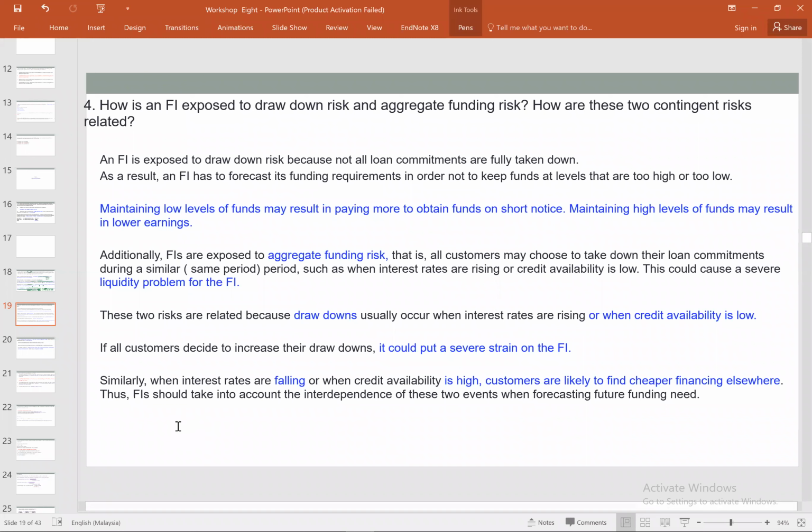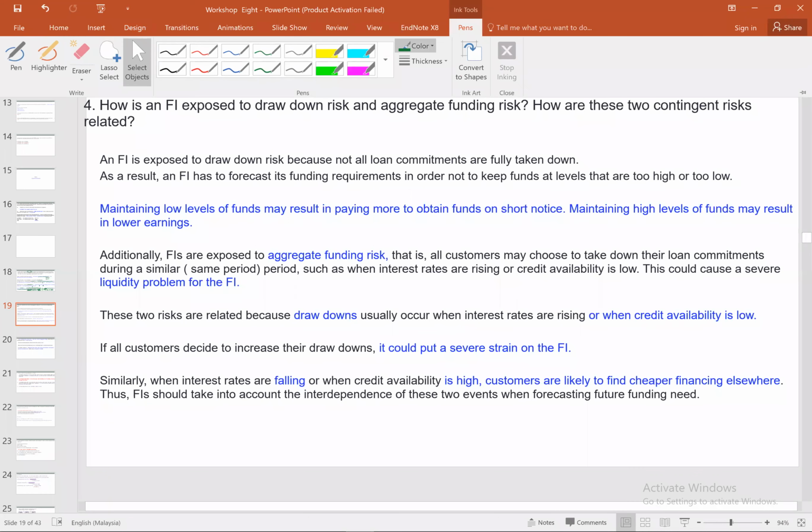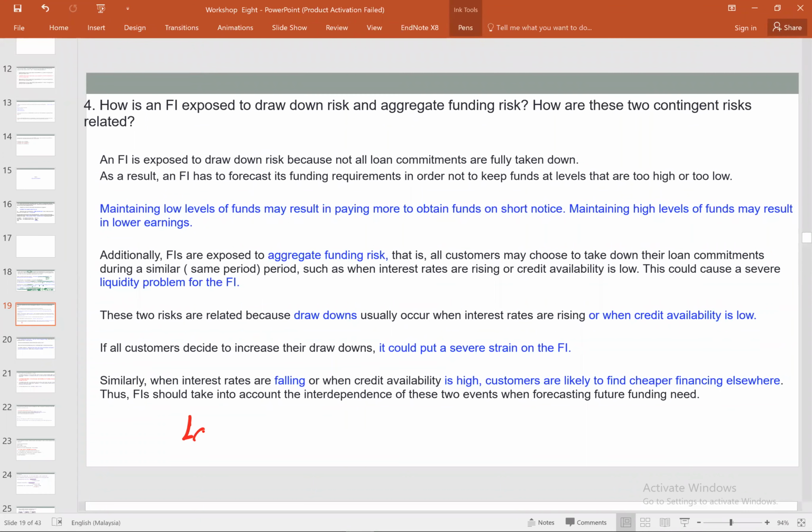If you give so many loan commitments, and interest rate goes up, then most customers will withdraw the loans because they are making benefits.